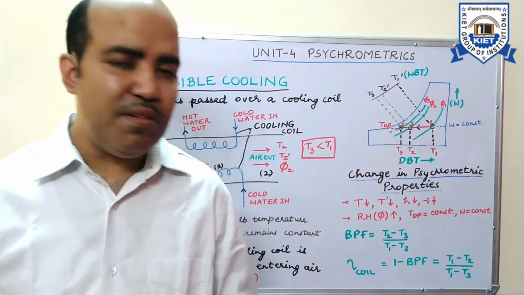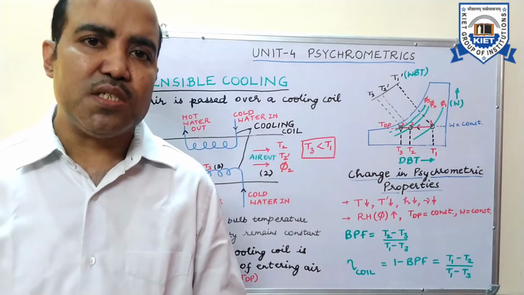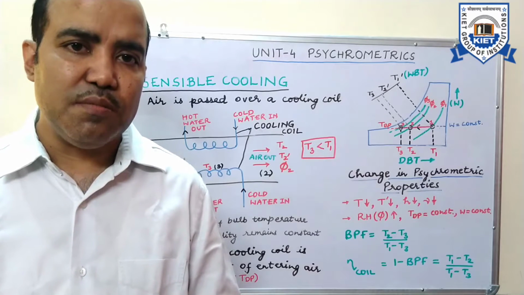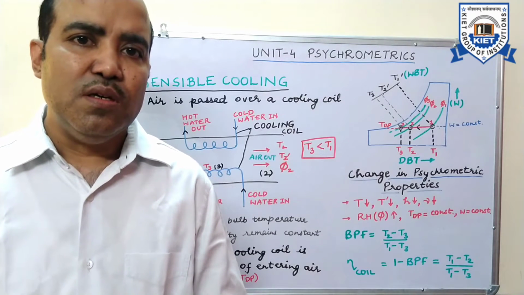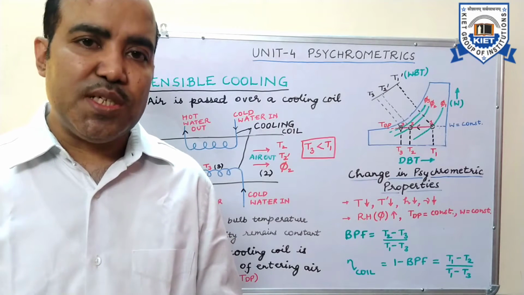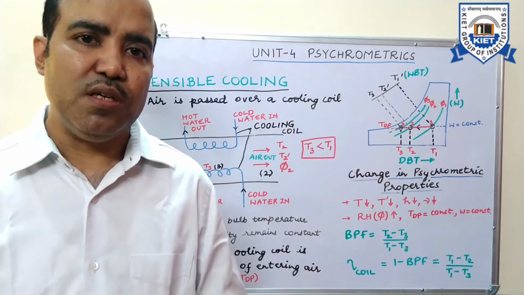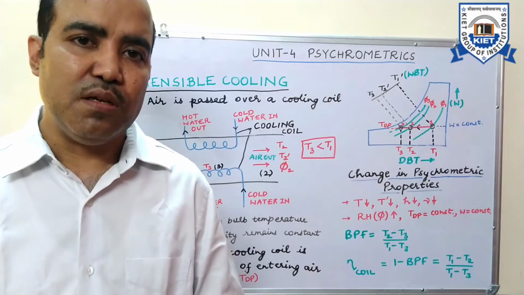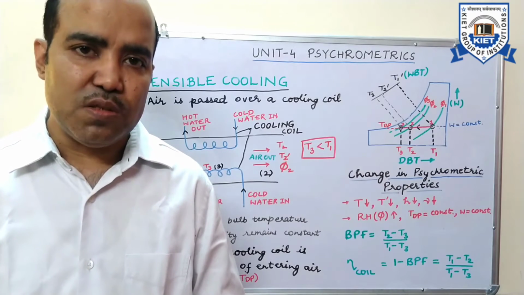So today I will discuss the sensible cooling process, in which the air is subjected to cooling only. In this process, the specific humidity of the air will remain constant, that is, the moisture will remain constant.